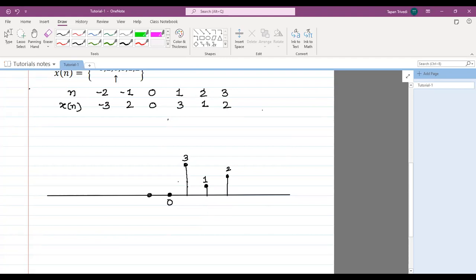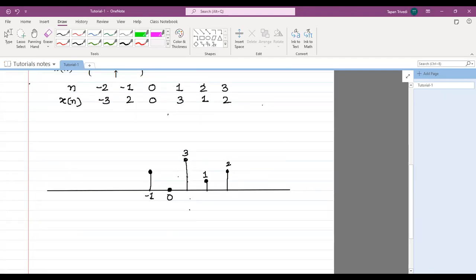At -1, sorry, at -1, it should be 2. So I am drawing 2 here again. And at -2, so you can write on x-axis here and here 1, 2, 3.